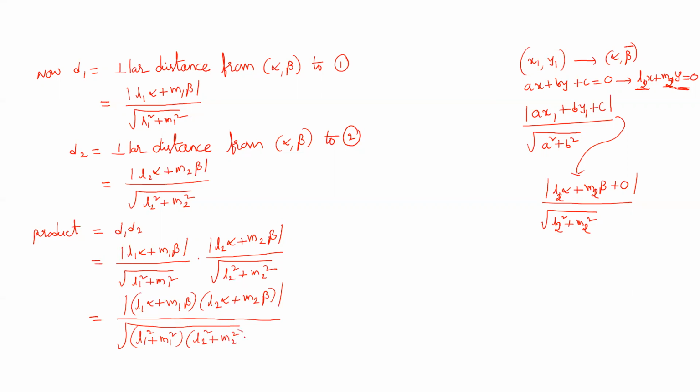Now we have to simplify both numerator and denominator. The denominator is like the cos theta theorem, as it is. The numerator is different.